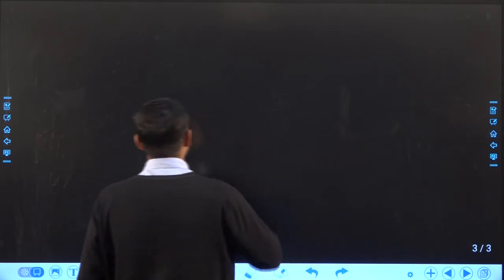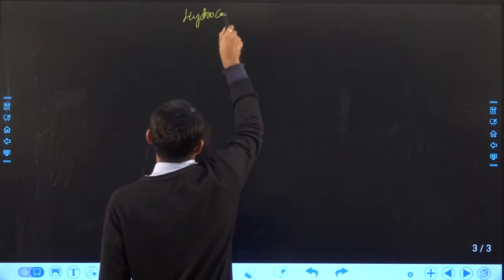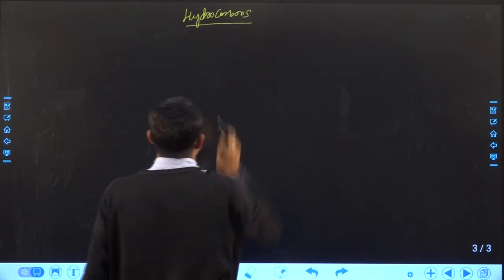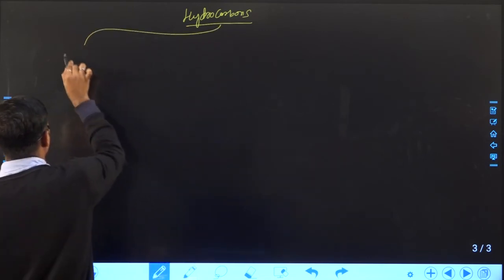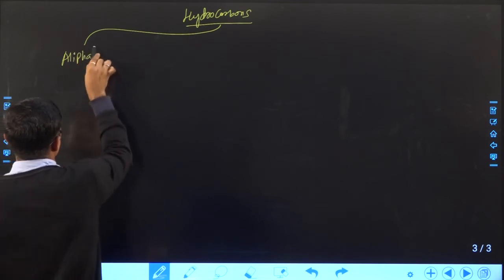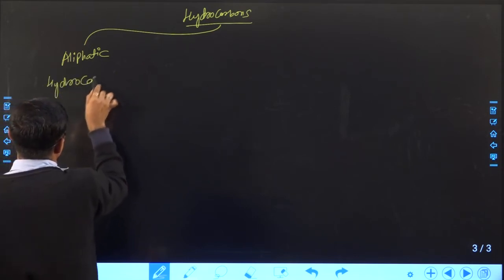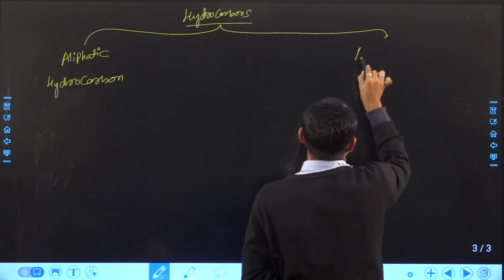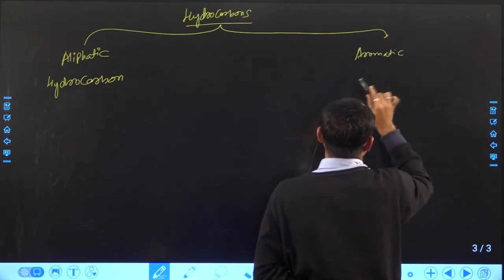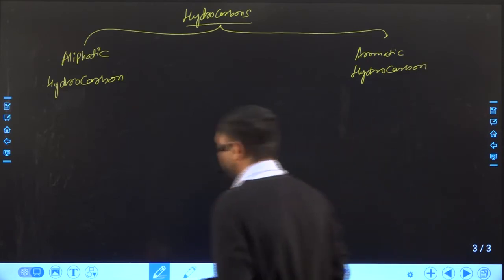How we can identify whether a compound is aliphatic or aromatic, we will discuss, but right now hydrocarbon is classified into two categories: number one, aliphatic hydrocarbon, and number two, aromatic hydrocarbon, based on structure and bonding.